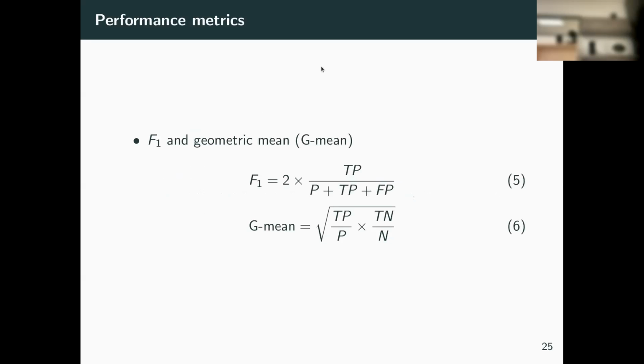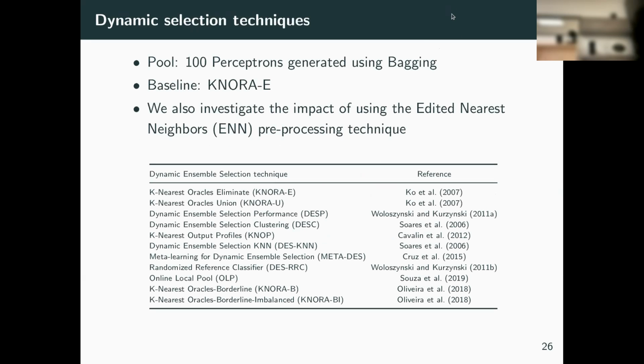For performance metrics, we use two that are very much used in imbalanced learning. The F1, this one is the equation for two classes, and the geometric mean, which is the geometric mean of the recall of the two classes. So the geometric mean is more focused on the minority class, while the F1 is a bit of the two. We evaluated 11 dynamic selection techniques.